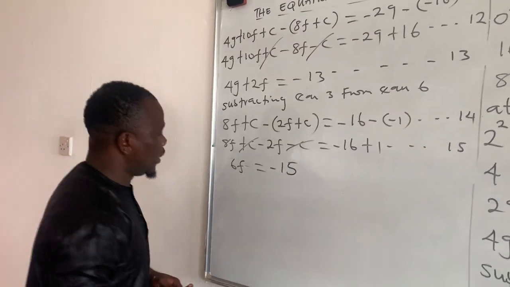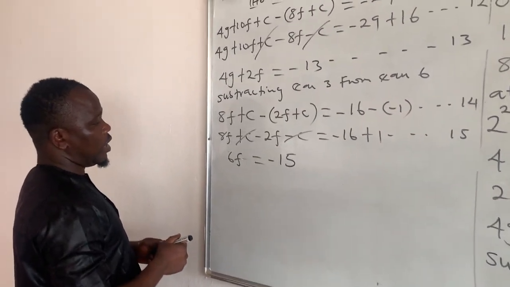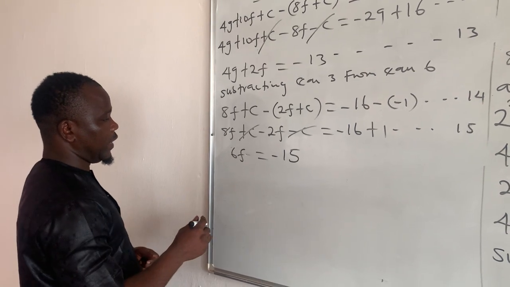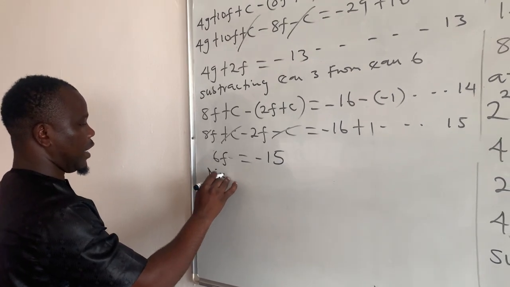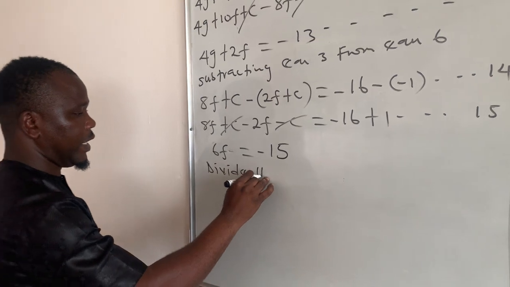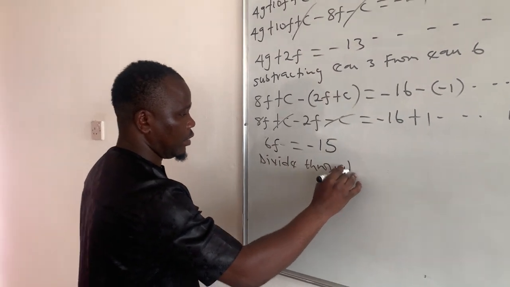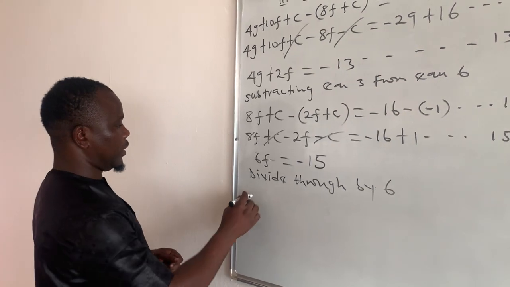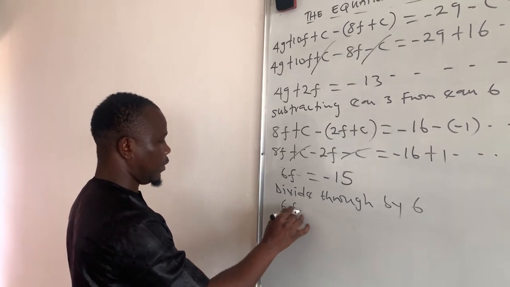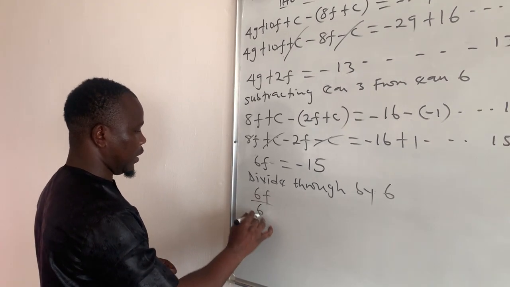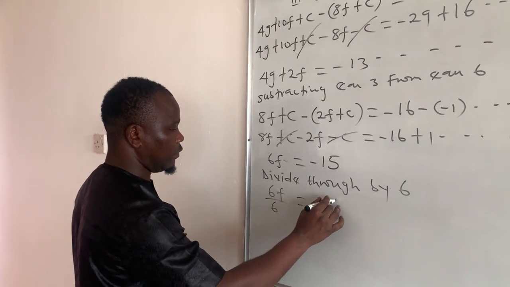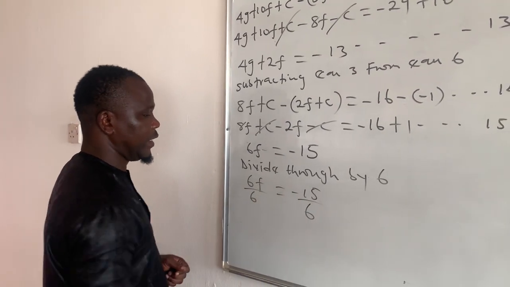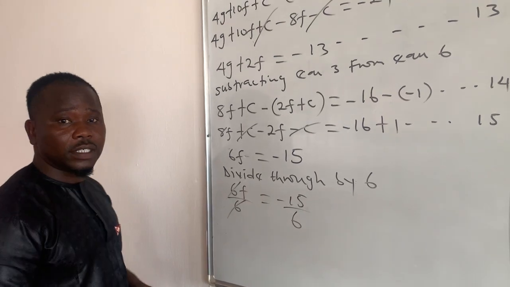So if you agree with me, for our f, we are going to divide through by 6. So we are going to have 6f all over 6 equals to minus 15 all over 6. This and this will go.